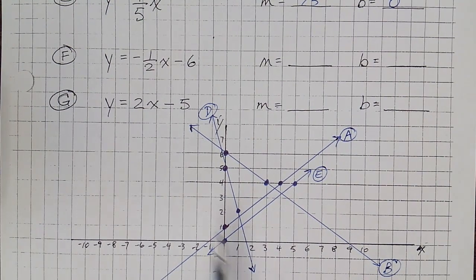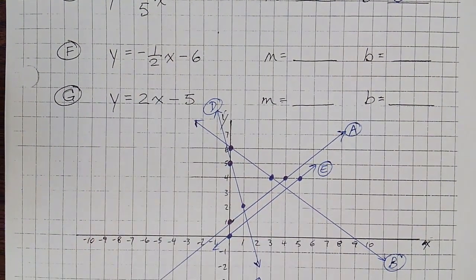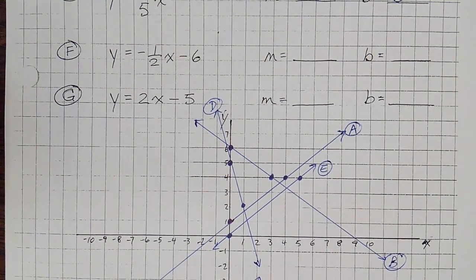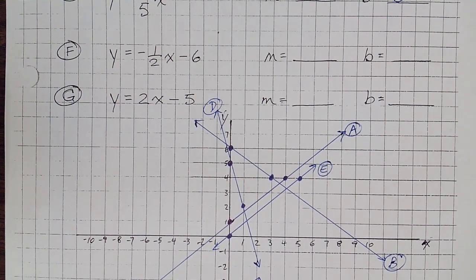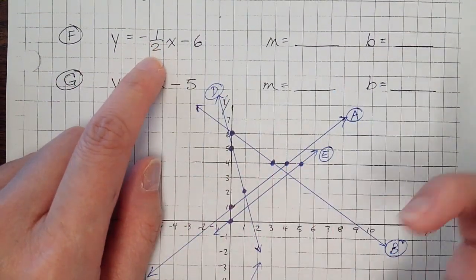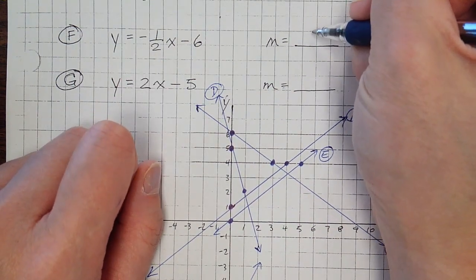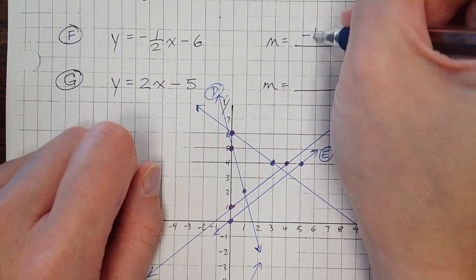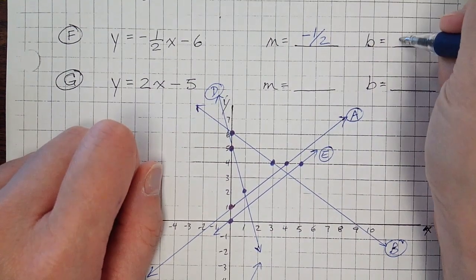Okay. Can you guys try F and G? The last two? Try F and G. Yep. Try to graph F and G. Okay, so for F right here, what's your slope? Yeah, George? And your y-intercept?